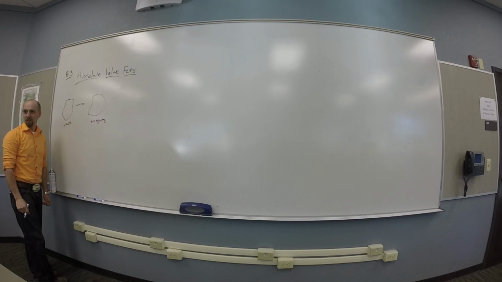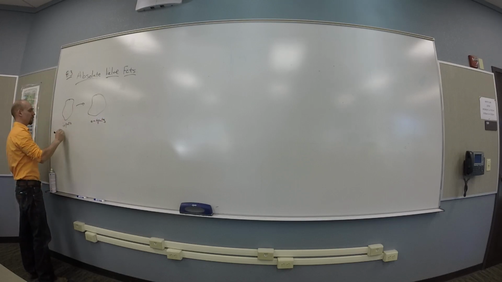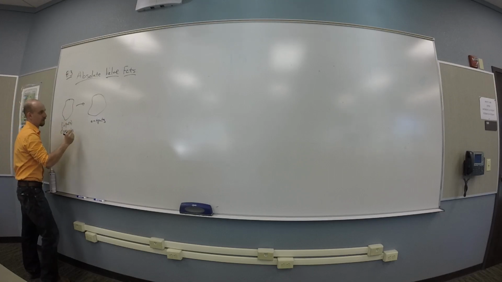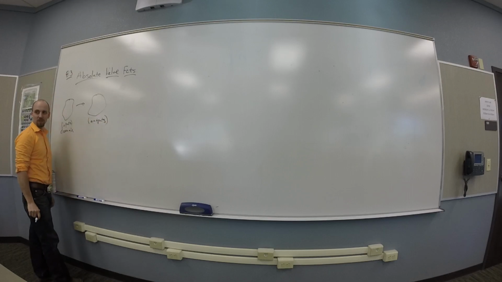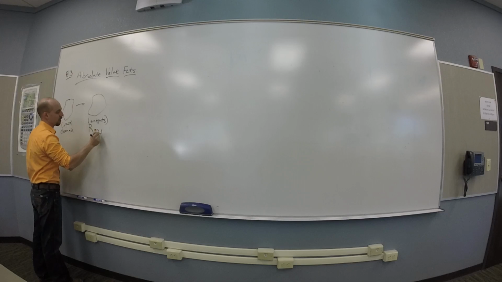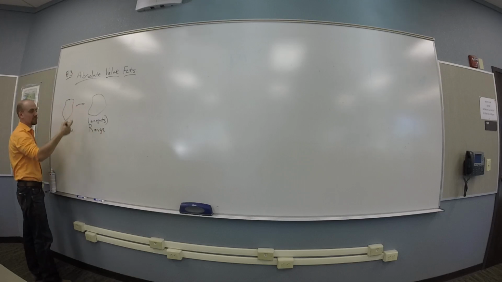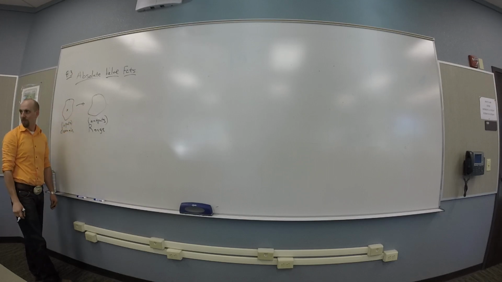Domain and range. The whole blob is called the domain, the X's, and the set of outputs is called the range. And then we usually give this thing a name, so normally I'd say something like x goes to f of x.